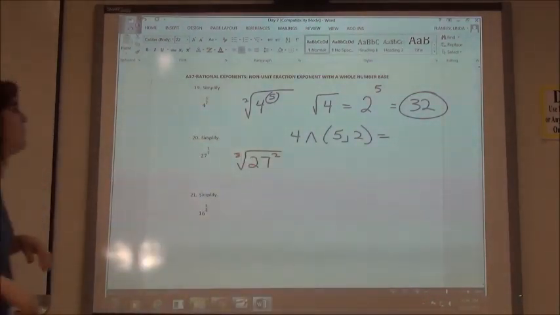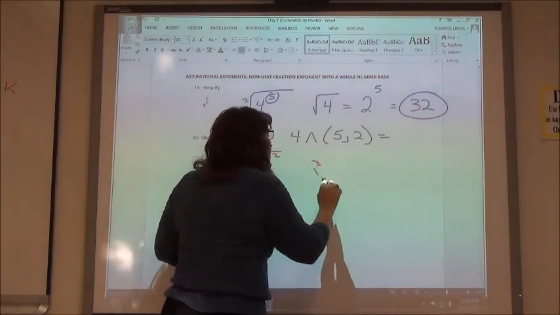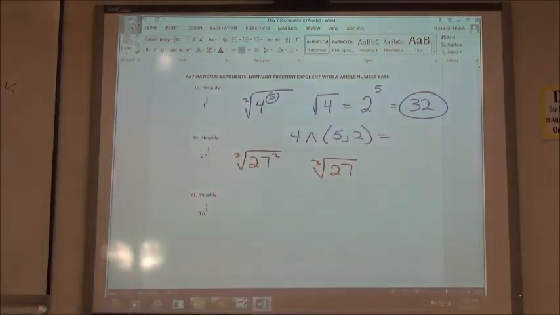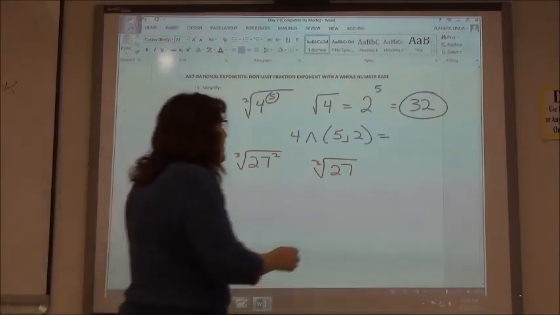We're going to start and figure out what's the cubed root of 27. The cubed root of 27 would be saying what number times the same number times the same number, 3 times, would give you 27. 3, exactly. 3 times 3 times 3 is 27.